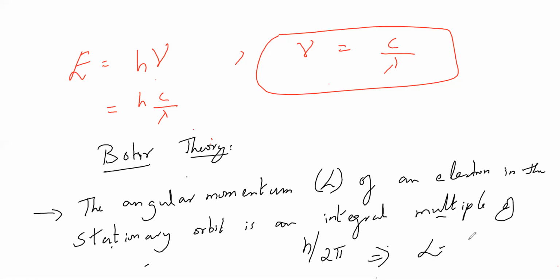Which means L is equal to nh by 2 pi, where n is equal to 1, 2, 3, and h is the Planck's constant. Clear? This is one of the important things which will be asked in the entrance examination, whatever it is.